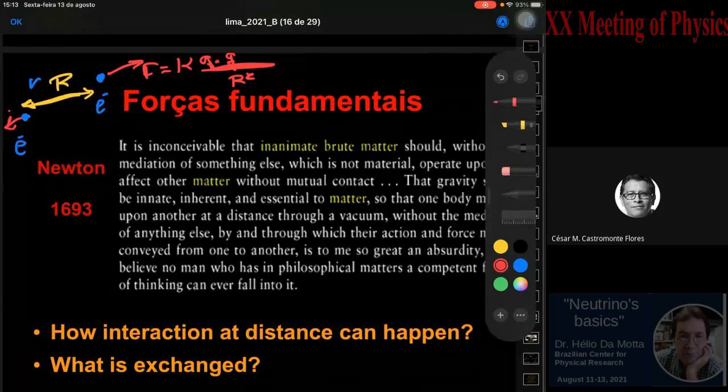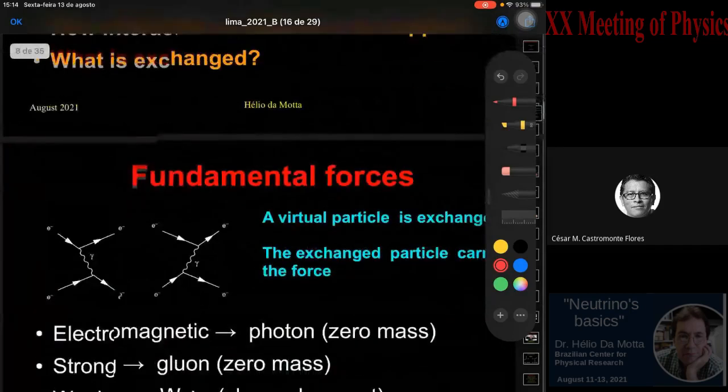It's the same for gravity or electromagnetism. So how do they interact? The idea now is that they exchange something. One of the electrons sends a kind of signal, and the other one captures that signal.